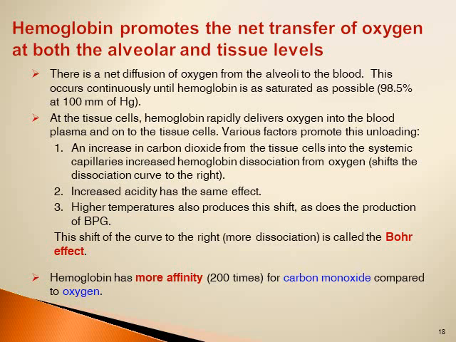So if carbon monoxide is present in large amount in the environment of a room, then hemoglobin is no longer able to carry any oxygen from the lungs to the tissues, and this can lead to death. This is the main problem of carbon monoxide poisoning.